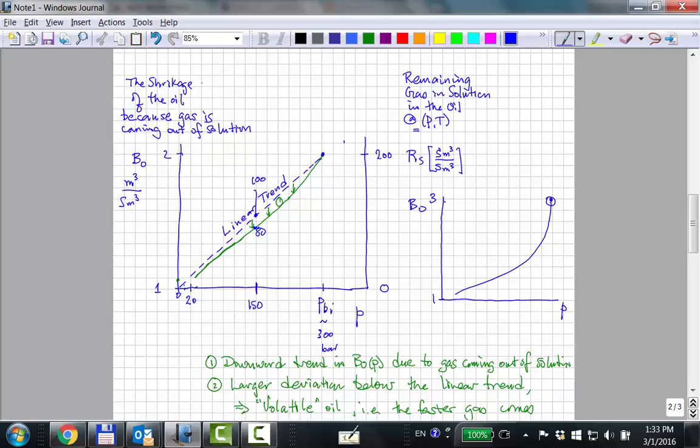But that's shrinkage in the reservoir, or it's shrinkage at the temperature, because our table is at a given temperature, right? As the pressure drops. So it's the shrinkage at this temperature for our table of the oil. It's the shrinkage of the oil because gas is coming out of solution as the pressure drops. That's what the BO reflects.